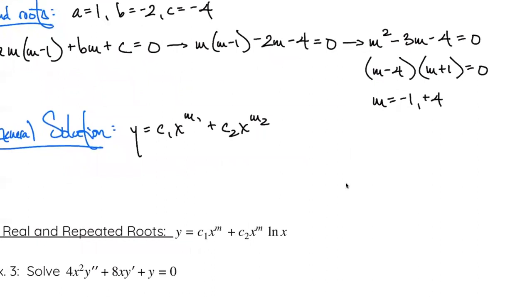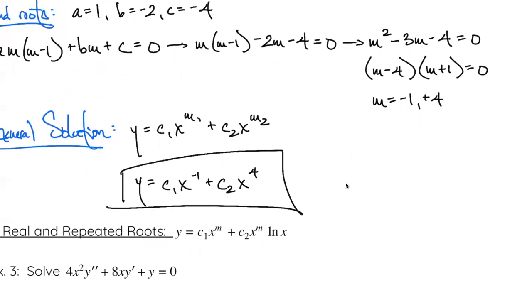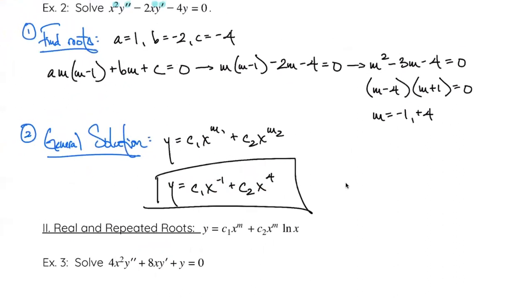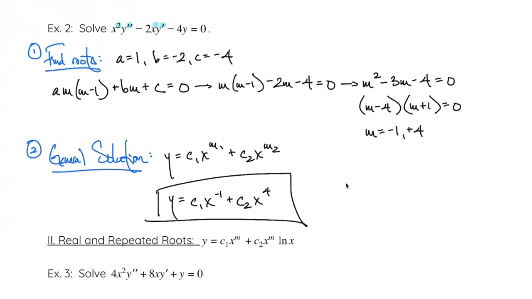And I'm going to go ahead and, in no particular order, put the negative 1 first and then the positive 4, but you're able to switch the order and it doesn't matter. Okay, and by that I mean the negative root and the positive root. So one is negative 1, the other one is positive 4. Okay, and so there is that second question for you.